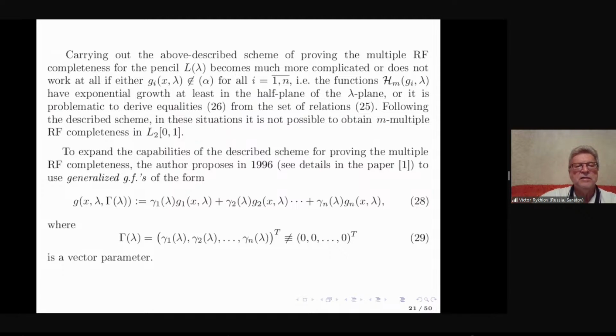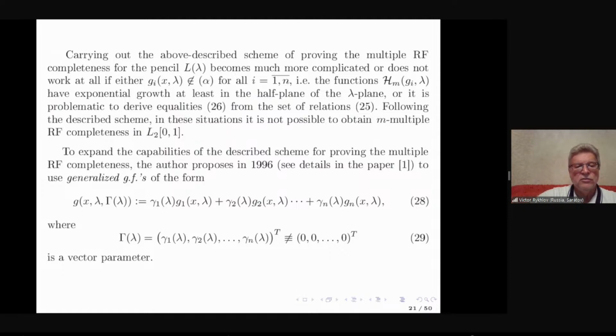To expand the capabilities of the described scheme for proving the multiple root function completeness, the author proposed in 1996, see details in paper 1, to use generalized generating functions of the form 28, which are linear combinations of the classical generating functions, where gamma 1, gamma 2, ..., gamma n are parameters.